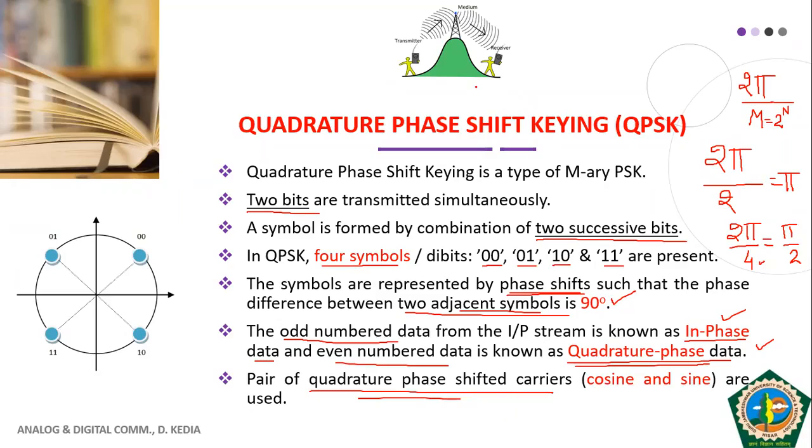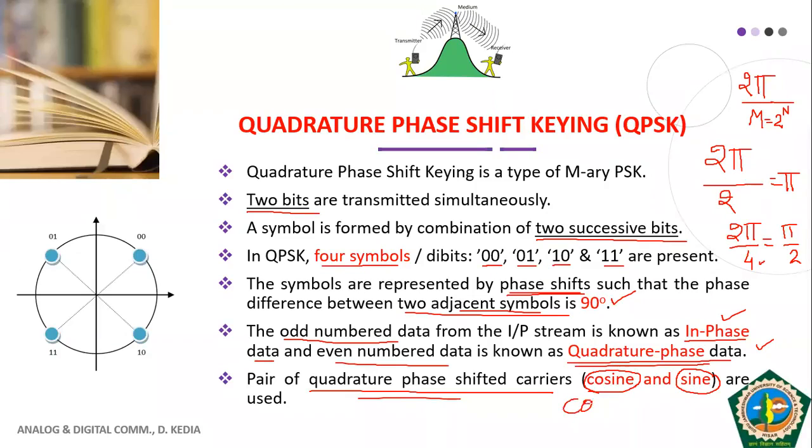The in phase data stream will be transmitted through, say, the cosine carrier, that is cosine of omega naught t. The other bit stream will be dealt with by the sinusoidal carrier, that is sine of omega naught t.